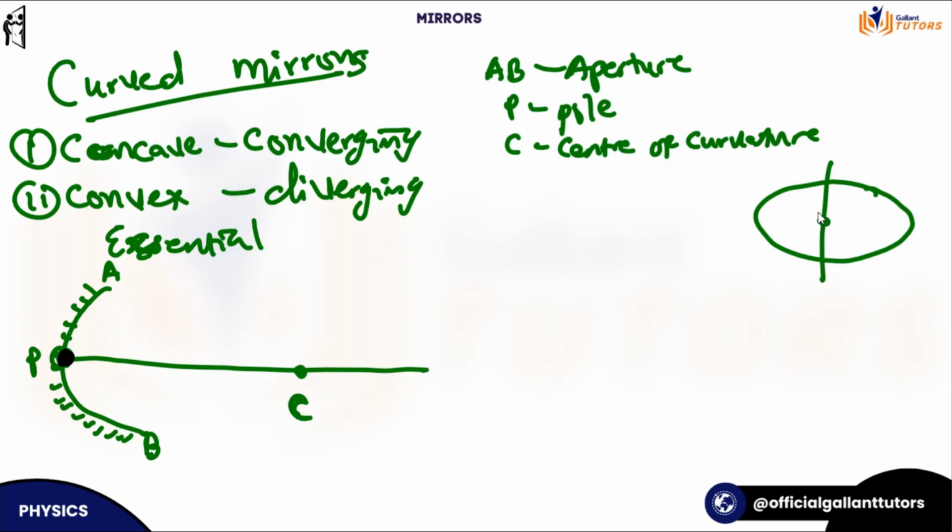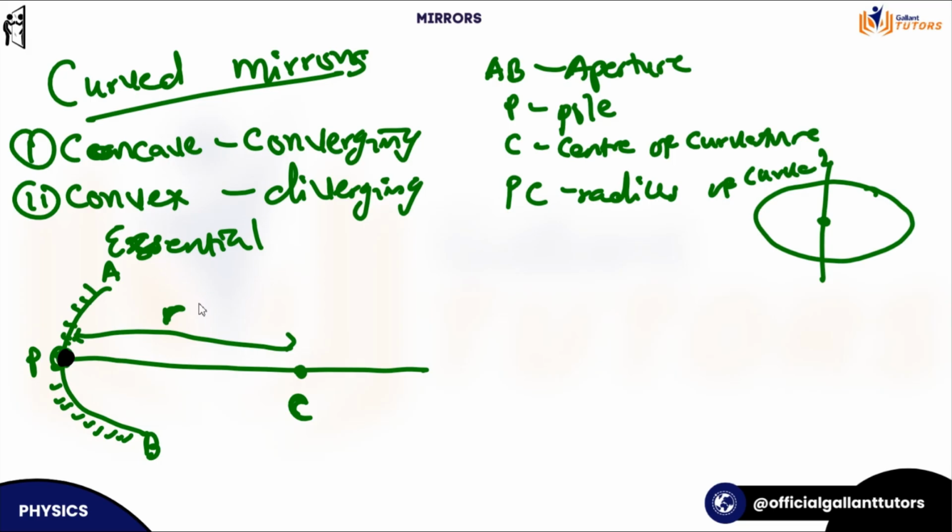Now we also have the radius of curvature, which is PC. The radius of curvature is simply the distance from this place to this place.